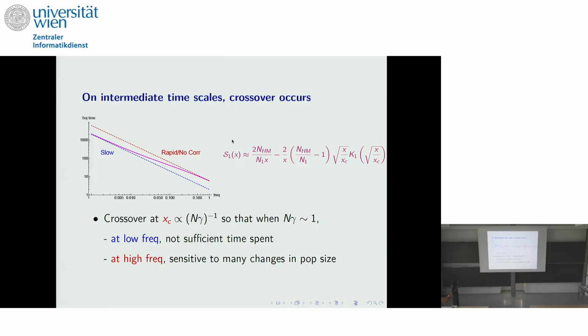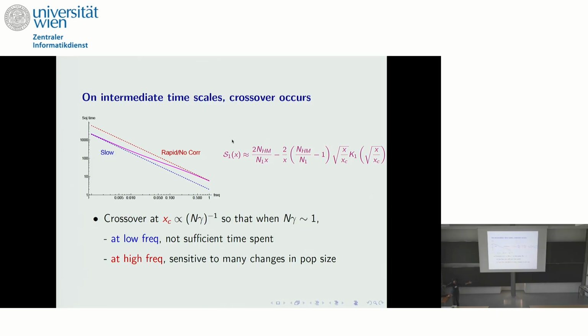It's saying that at low frequencies, this SFS, the mean sojourn time, behaves as though it's in the slow switching regime. And then at high frequency, it behaves as though it's in the rapid switching regime. We are in the moderate switching regime, but at low frequency and high frequency, it is behaving like slow or rapid. And that makes sense, because at low frequencies, the mutant has not spent sufficient time in the population.